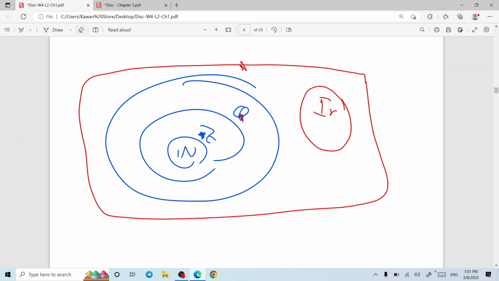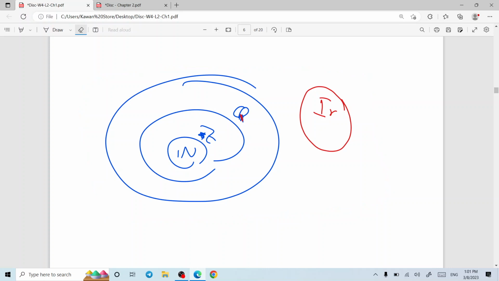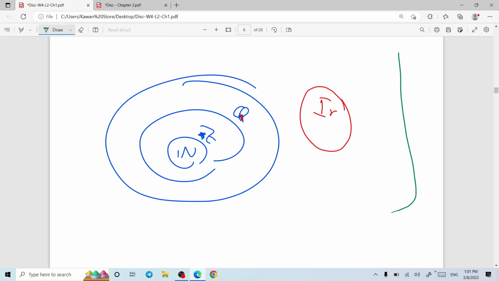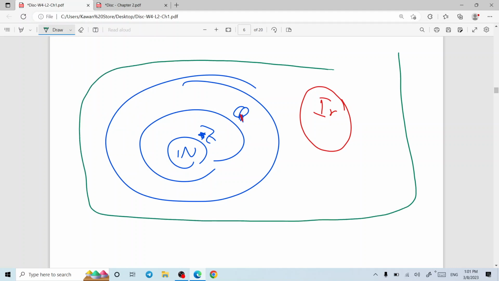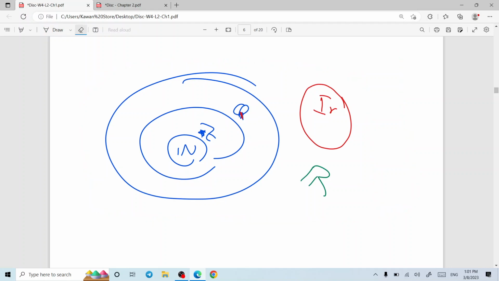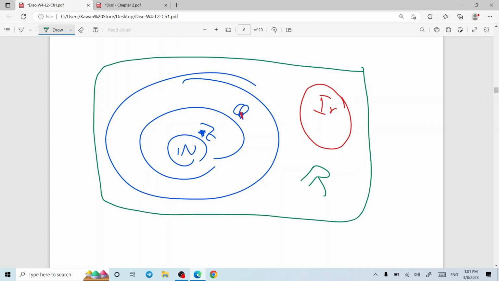Because there is no relation between rational numbers and irrational numbers. Which set is collecting all of them? Real numbers, right? Real numbers collect both of them. So any number is in the real numbers; you can say it belongs to either the irrational or the rational numbers.